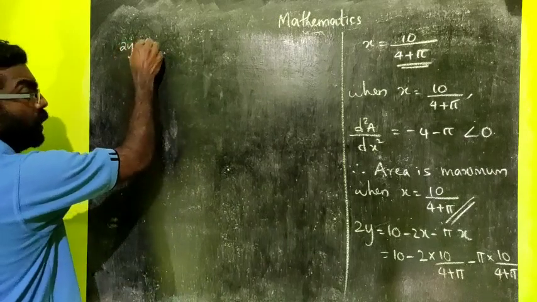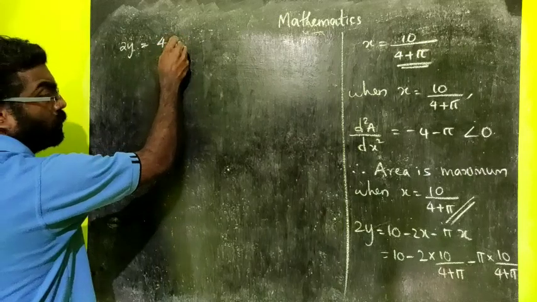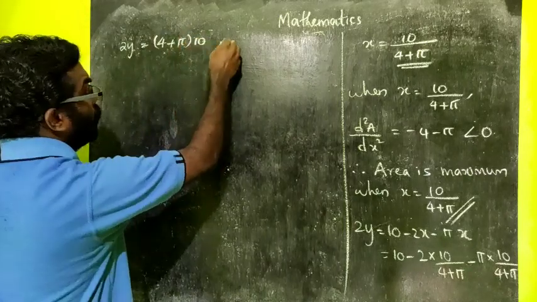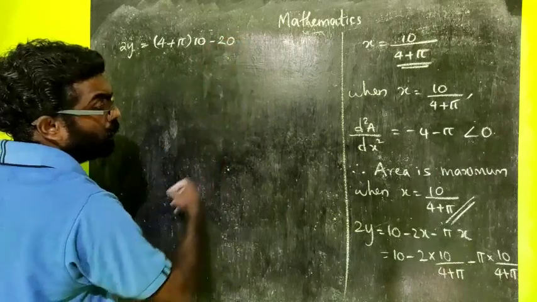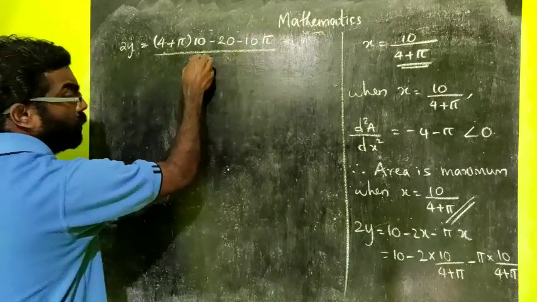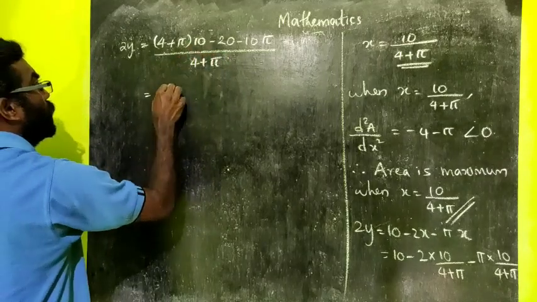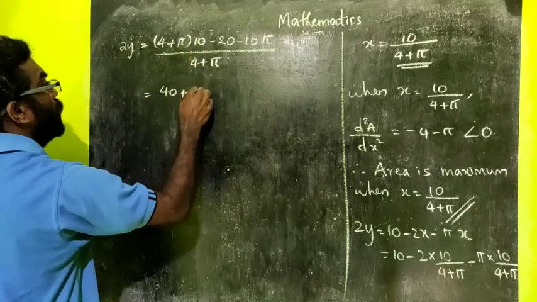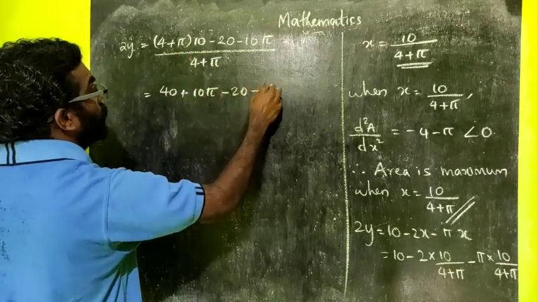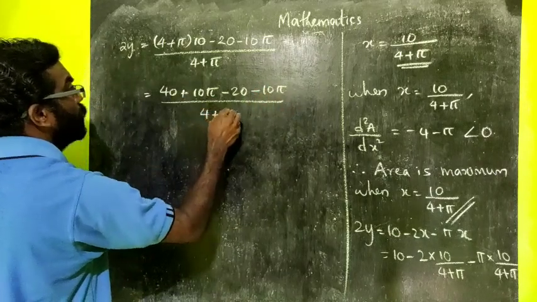Therefore 2y is equal to, here we can cross multiply, 4 plus pi into 10, then minus 20 minus 10 pi, whole divided by 4 plus pi. 10 into 4, 40, 10 into pi, 10 pi, then minus 20 minus 10 pi, divided by 4 plus pi.